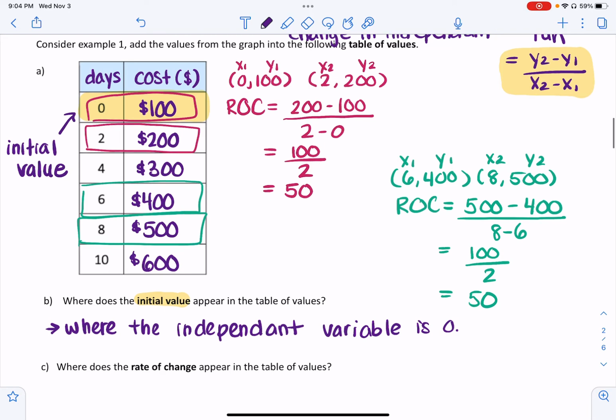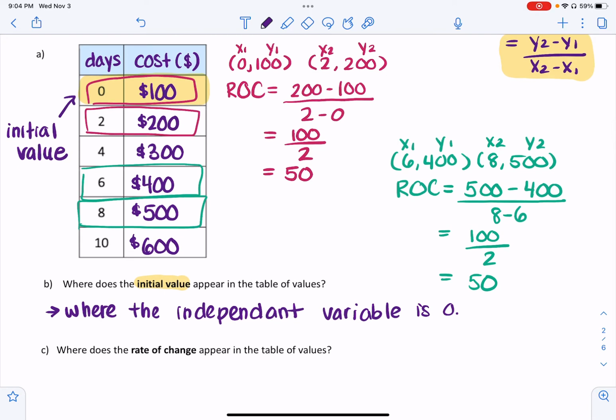Now C asks, where does the rate of change appear in the table of values? Now our rate of change isn't as directly in the table of values like our initial value. We have to calculate it, just like we did with these pink and green equations, we actually need to calculate it using our formulas. So it's not quite as straightforward as just finding a specific point. We actually need to do the calculations.